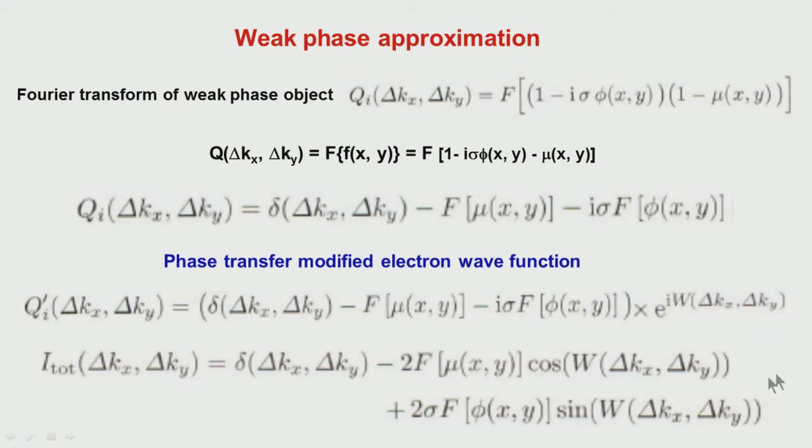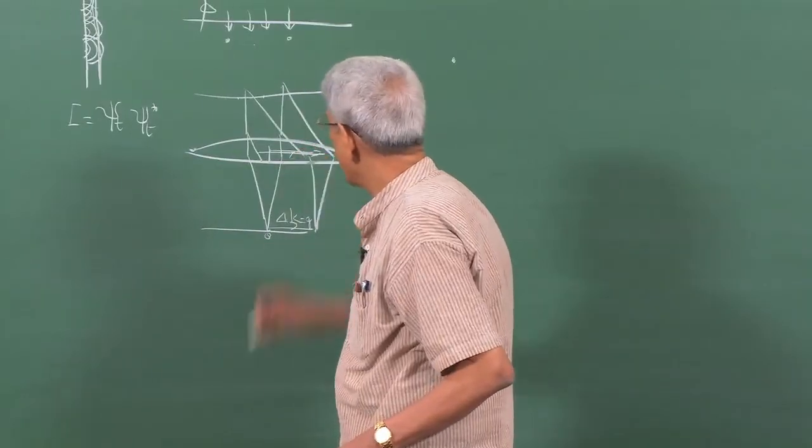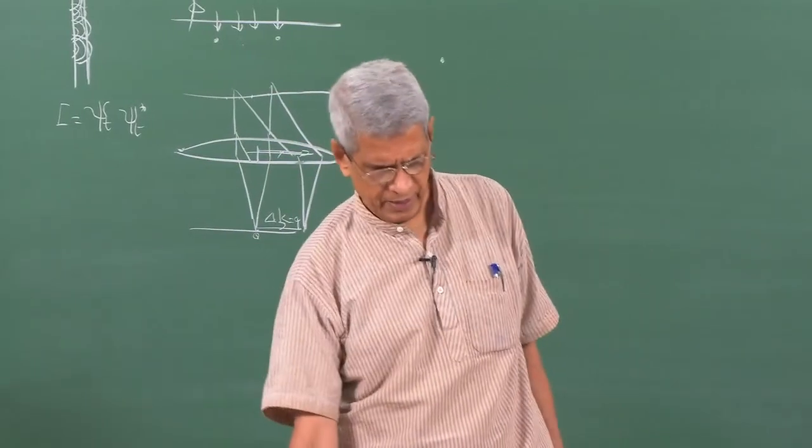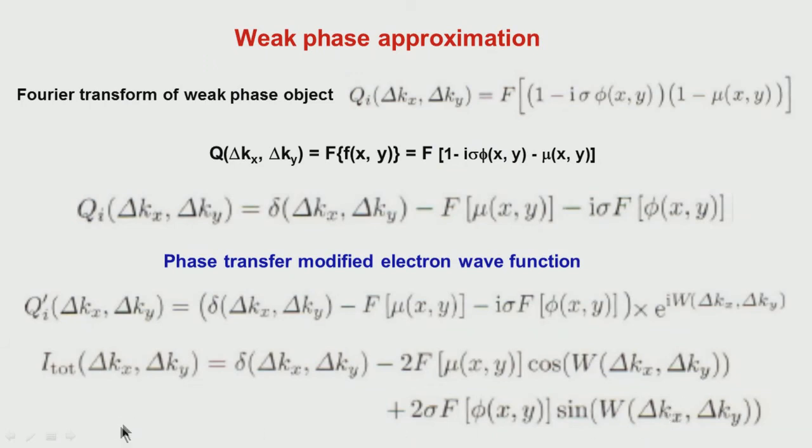So, now with this, the total will be this and W star of it, the star of this one. This turns out to be a delta function, and there is another term 2f, this is a function, and this is the third function which represents sin W delta kx delta ky, which is nothing but the distance from the center of the lens, where in reciprocal space the diffraction spot is entering.